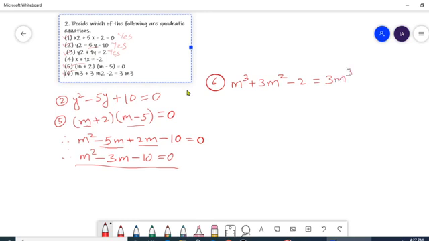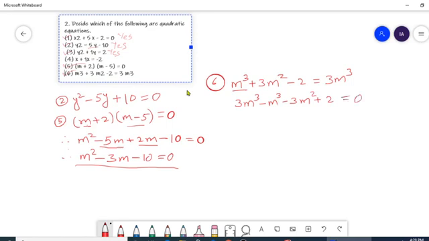Now we need to identify whether it is quadratic or not. So I can bring all these terms to the left hand side or right hand side. This is positive 3m cube, so we can take negative 3m cube, minus 3m square plus 2 is 0.